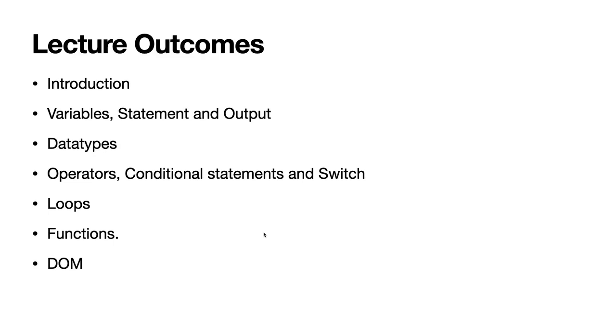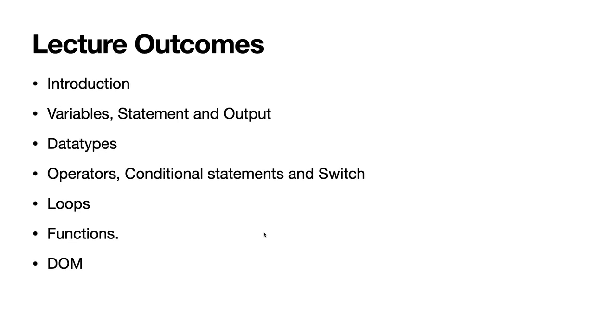First, what are the outcomes of this series of lectures about JavaScript? We're going to see the introduction and variables, statements and output, and also data types, because data types are a preliminary concept when coming to a programming language or any scripting language.